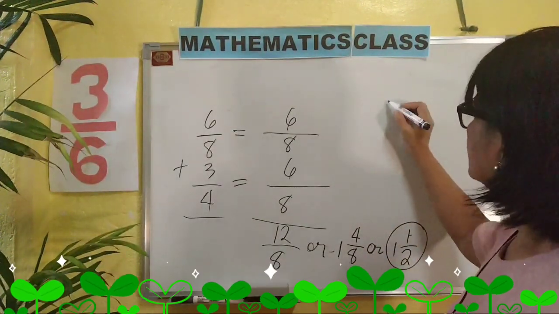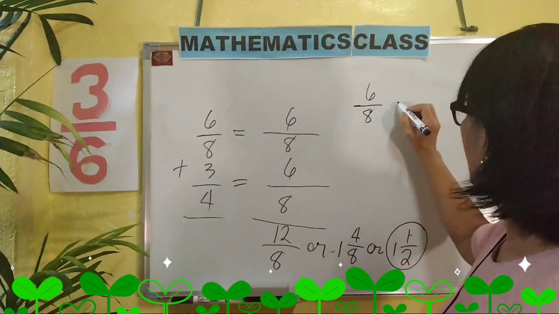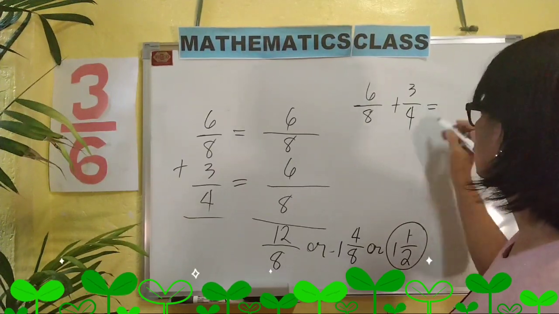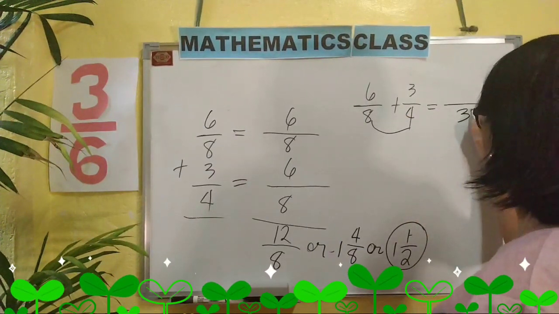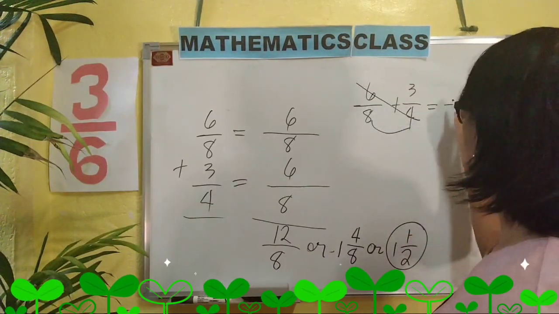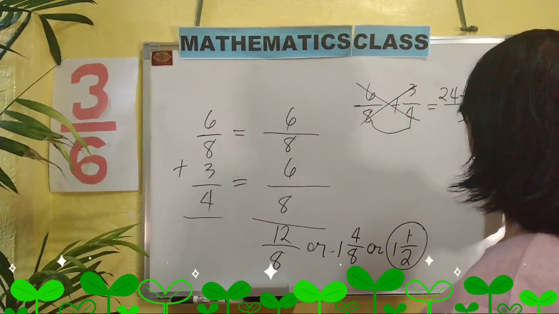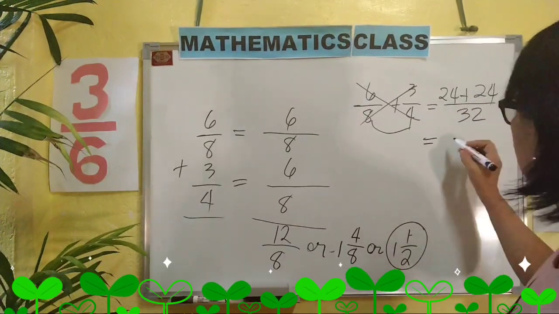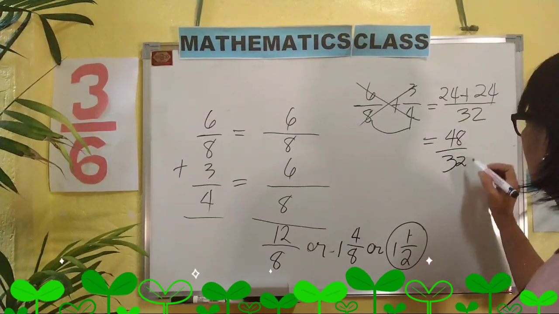Another way, 6/8 plus 3/4 equals, multiply to get 32. Multiply diagonally, 24 plus 24 equals 48 over 32.